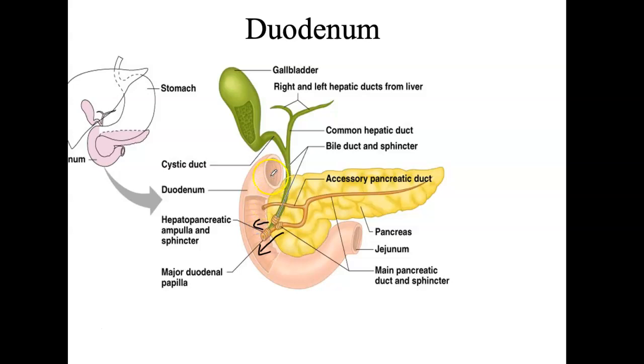So essentially, that food is getting bombarded with all sorts of enzymes and bile as it enters the small intestine. Okay, so duodenum is only going to be this little piece here, and then we're going to cut it off. And beyond that, it's now going to be the jejunum.